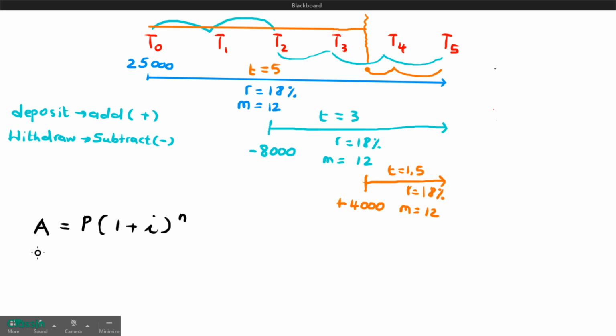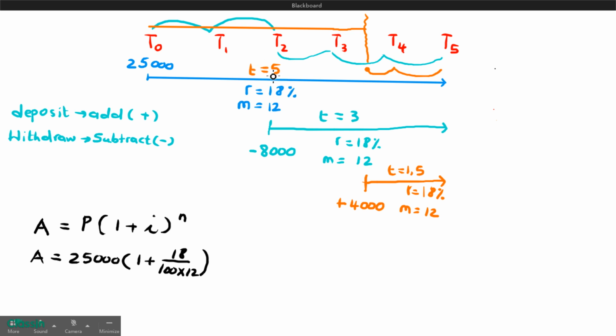So now we are going to check. Our A is equals, what was the initial deposit? It was 25,000. 1 plus, how much was the rate? It was 18% over 100. That is where 18% comes in, multiplied by M, which is our 12. For how many years?